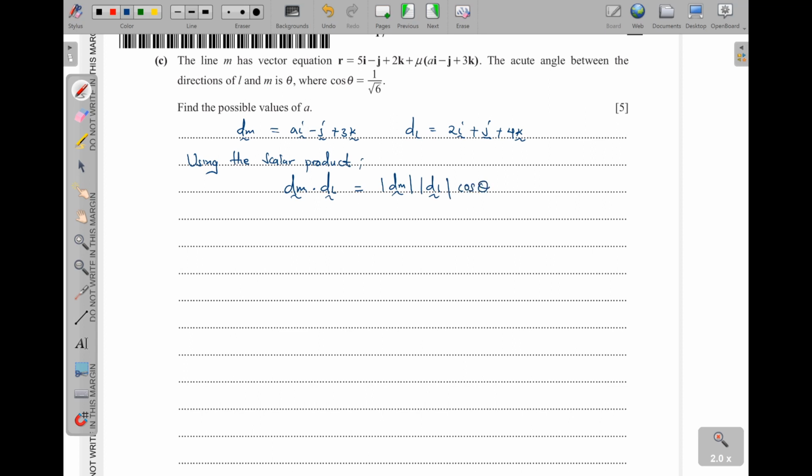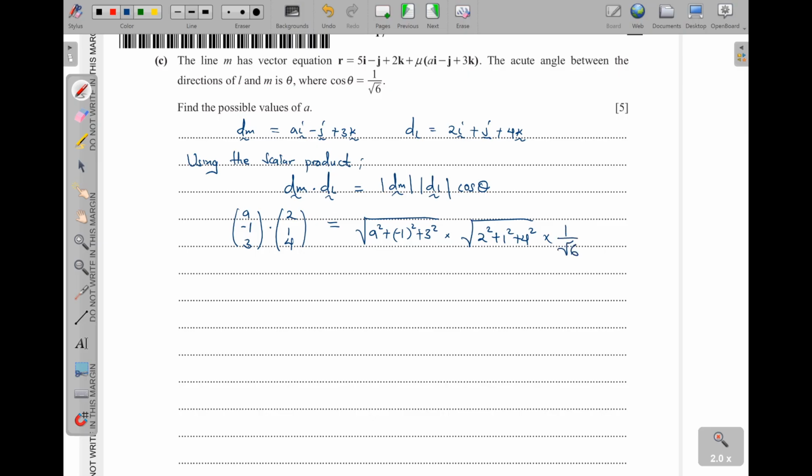So we shall have here a, negative 1, 3, multiplied with 2, 1, 4, and then we shall get the square root of a squared plus negative 1 squared plus 3 squared, times the square root of 2 squared plus 1 squared plus 4 squared, and then the cosine of theta is given as 1 over root of 6.